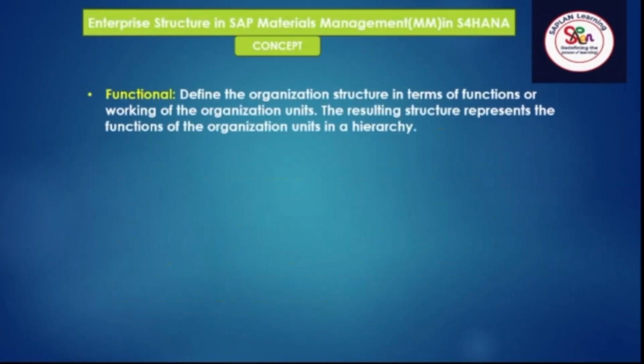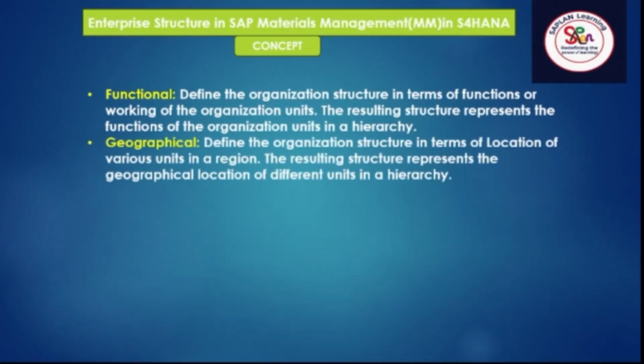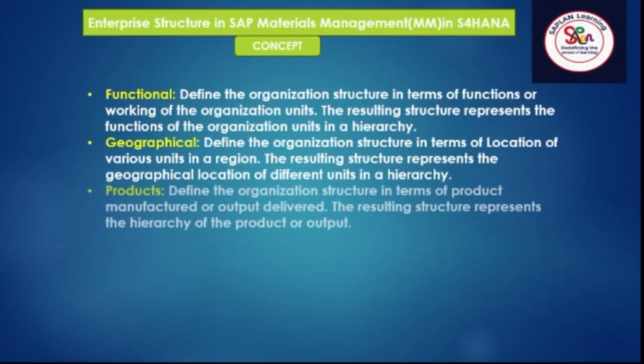The first one is functional. Functional means in terms of functions or working of the organization units. Next one is geographical. That is in terms of location of various units in the region where they are situated, and the resulting structure represents the geographical location of different units in a hierarchy.